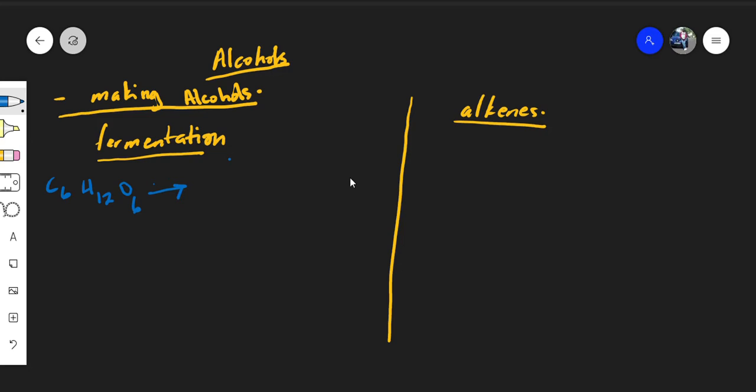And we are going to get obviously our alcohol, C2H5OH, and obviously plus carbon dioxide, and this will be our equation, right? Let's check if the equation is balanced.